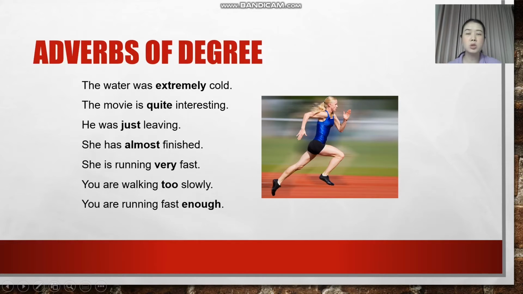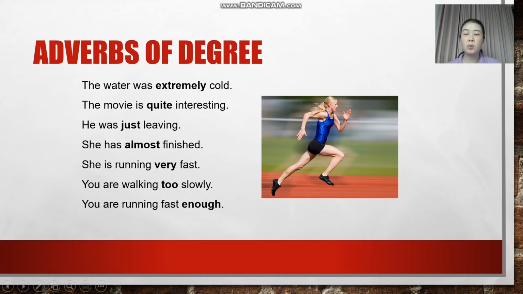But here we also have the word very, adverb of degree, to modify the word fast. Good. And also you are walking too slowly. The word slowly is used to modify the word walking, while the word too is used to modify the word slowly.